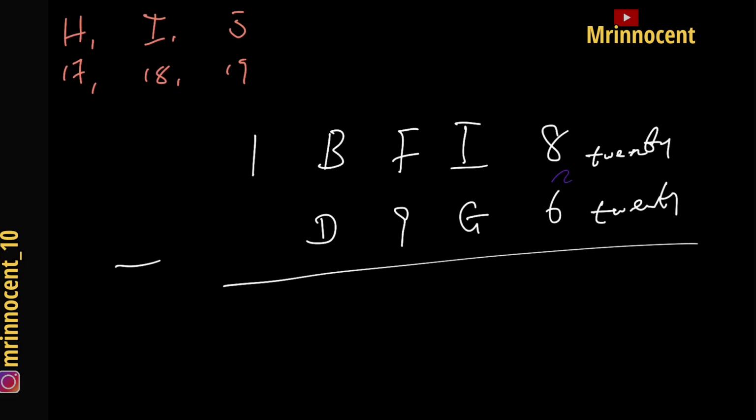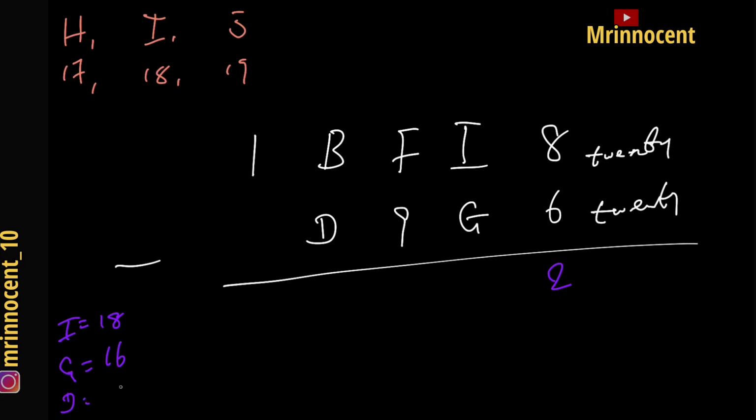So we have 8 minus 6 is 2. I is 18. G equals 16.